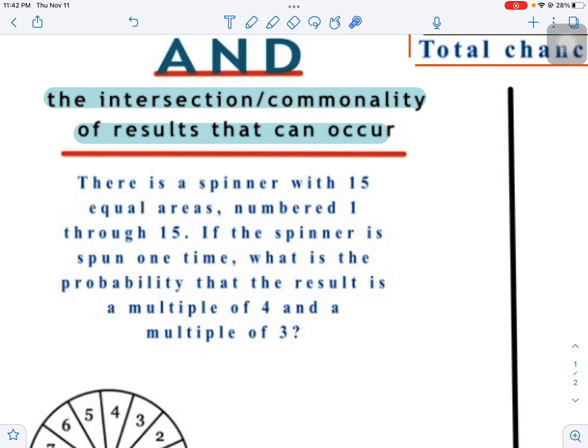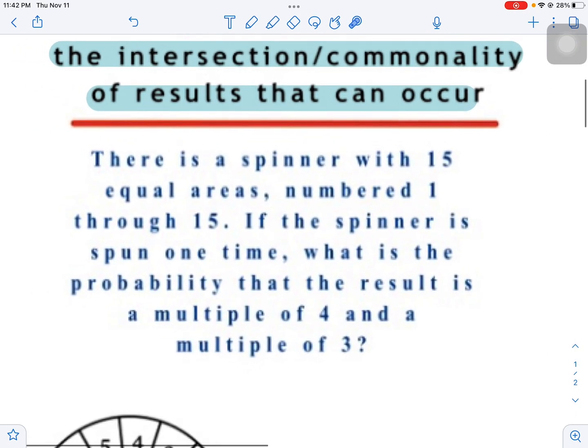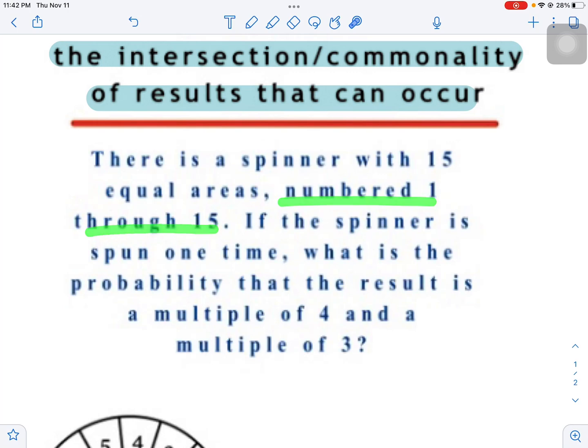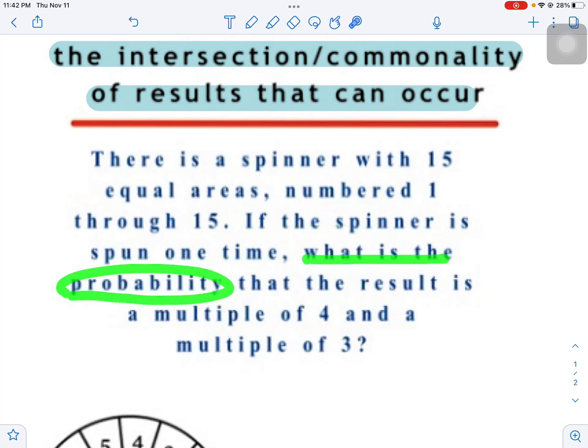So let us take a look at this example here. It says there is a spinner with 15 equal areas, numbered 1 through 15. If the spinner is spun one time, what is the probability that the result is a multiple of 4 and a multiple of 3?